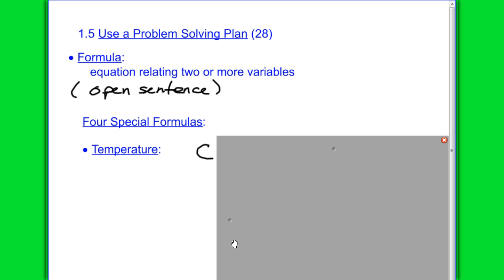You can manipulate this formula so that the F is isolated, and then you could substitute a Celsius temperature and get your Fahrenheit out. We operate mostly in Fahrenheit in our everyday world when we're talking about temperature. But in the medical world, they're pretty much moving to Celsius, and in the scientific world, they pretty much use Celsius as well. So, does anybody know this formula for converting?